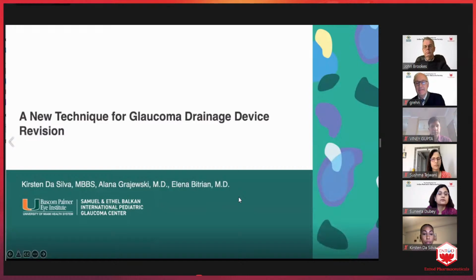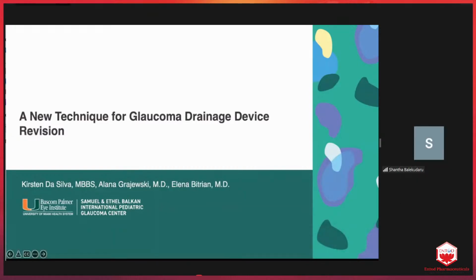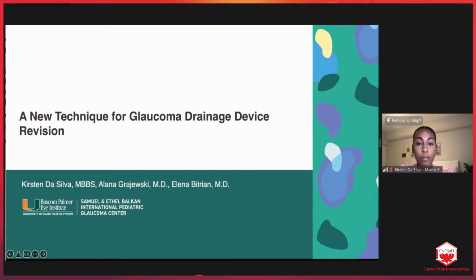Methods of revision often include invasive techniques such as excision of the fibrous capsule, implantation of an additional tube shunt, or cyclodestructive procedures, and these provide only modest improvement of IOP and pose the risk of further complications. We describe a minimally invasive technique of GDD revision that may restore device function and lead to long-term improvement of IOP.